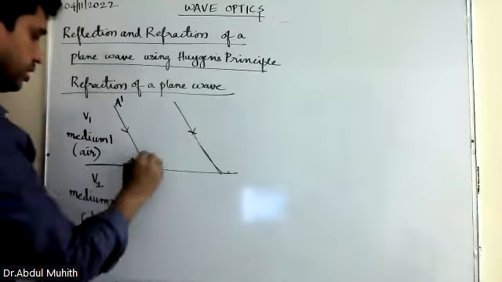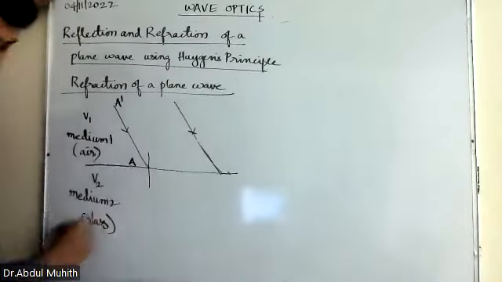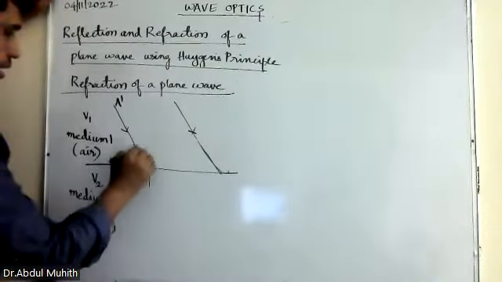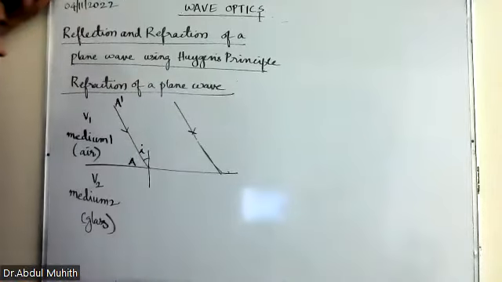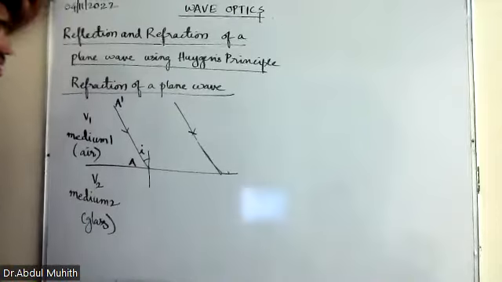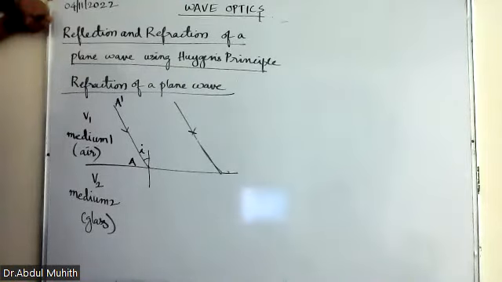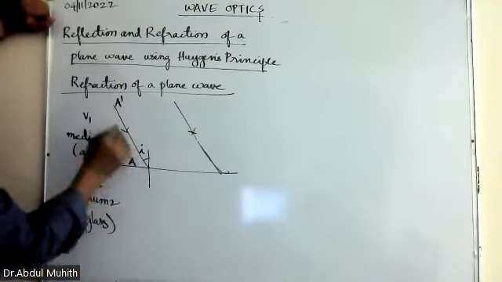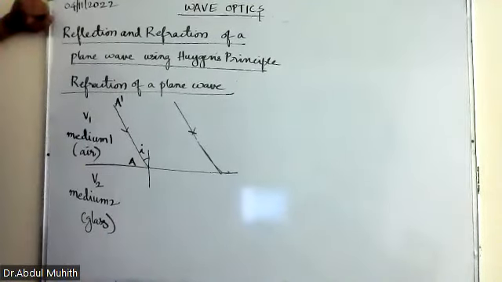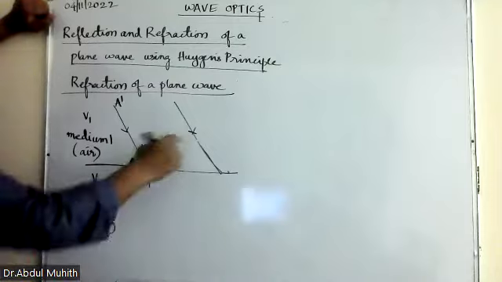Now, this is the normal and this is the normal. I is the angle of incidence. Did I explain this before? No. Okay. So now here I is the angle of incidence. When the first ray touches the interface, the second ray is still in the air.